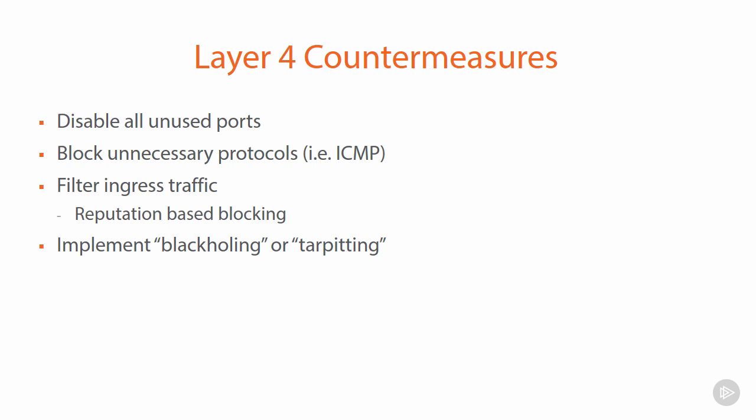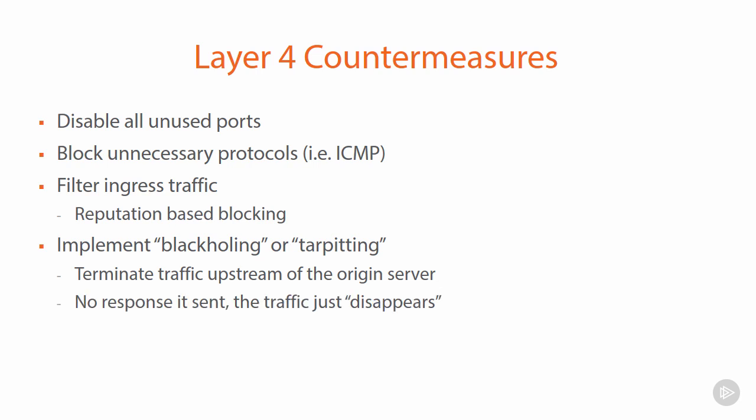Certainly the objective is to keep it away from that origin server. So if the target is a web application server, don't let it hit the web app server. Use that network appliance sitting in front on that layer 4 and route the malicious traffic off to somewhere else. And then, as I just said, it simply disappears. It's gone. Now you could always route that traffic off to another network segment and analyze it there.